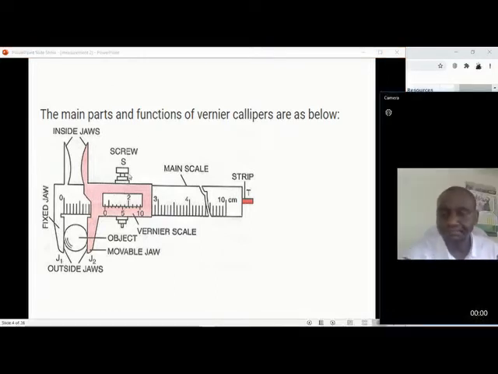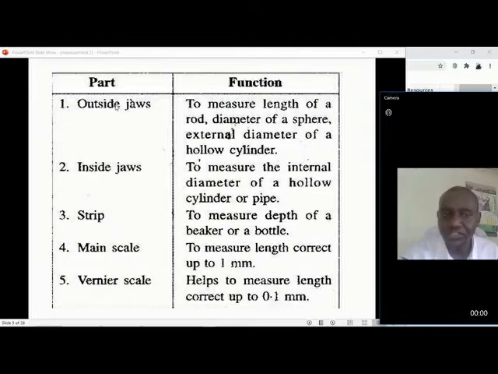We have outside jaws to measure length of the rod, diameter of a sphere, external diameter of a hollow cylinder. Inside jaws to measure the internal diameter of a hollow cylinder.